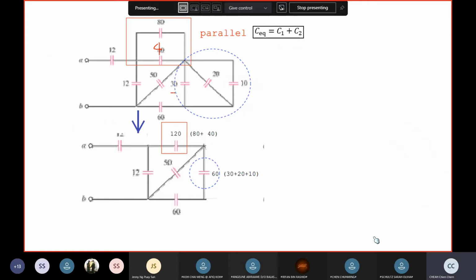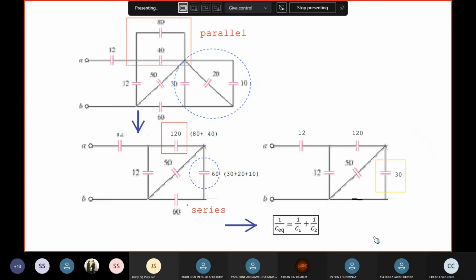After that, we can see that these two are in series, because if there's a current flowing through here, the same current will flow through here. So they are in series, then we use this. But they have the same value. As I said, same value is half.